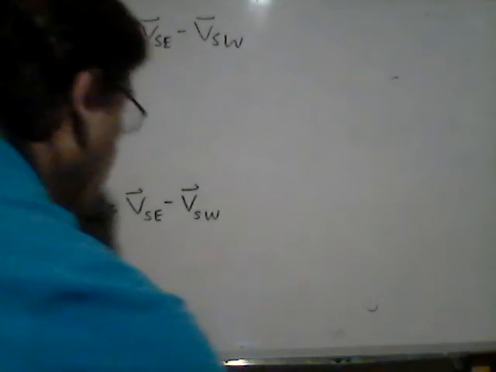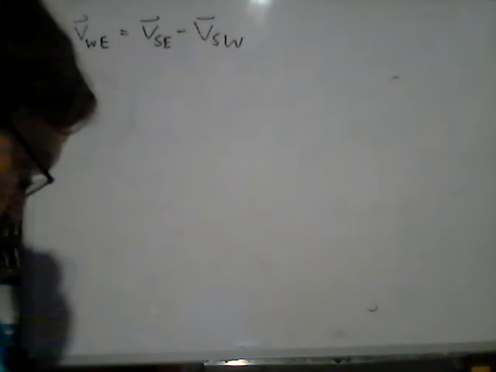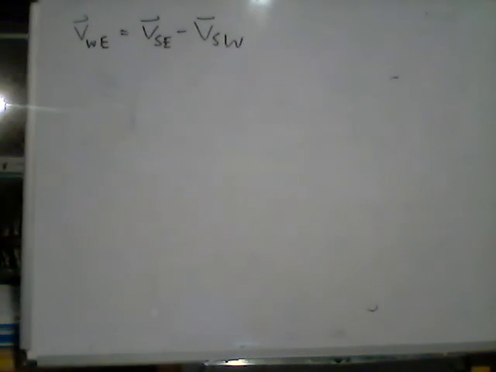Okay, that's the equation I want. So, looking at the first one, I want the velocity of the ship with respect to the water. Remember, that vector was at a 25-degree angle west of north. So let me just draw it out briefly, to remind ourselves what that looked like.